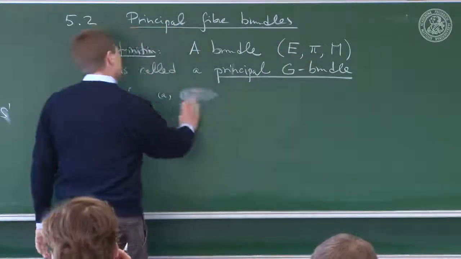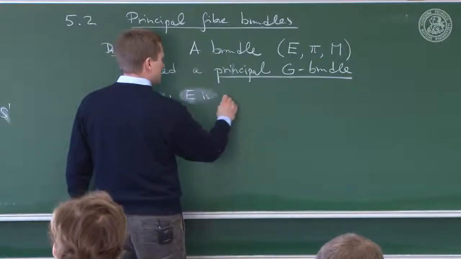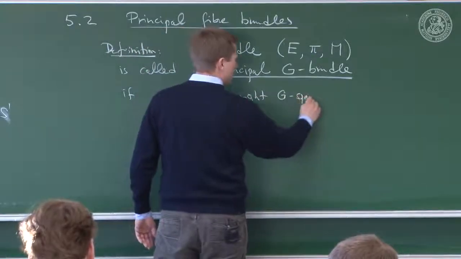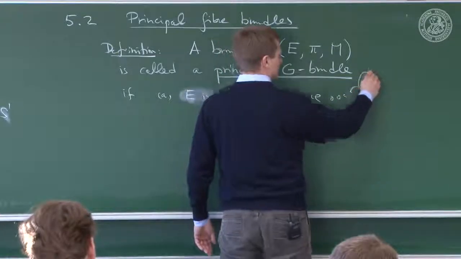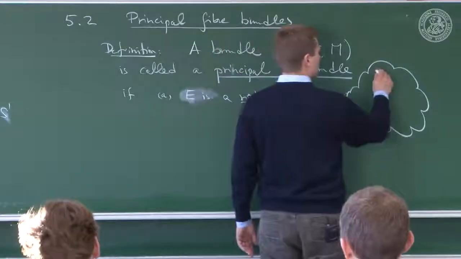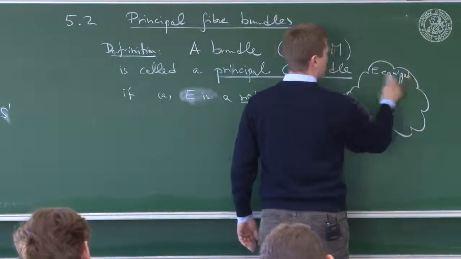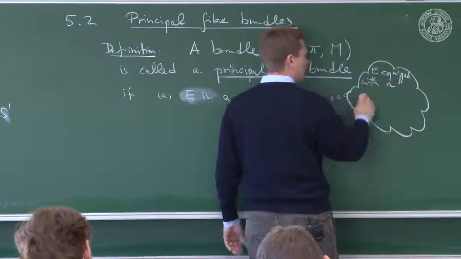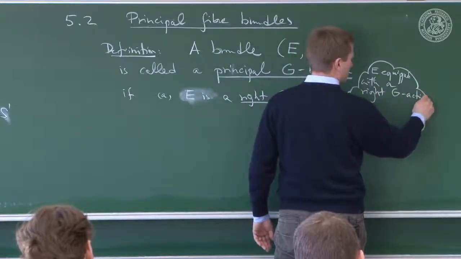Okay, so let's introduce the terminology. If E is a right G space, but this is just terminology which in principle one doesn't need, it's just very convenient, that means E is equipped with a right G action.